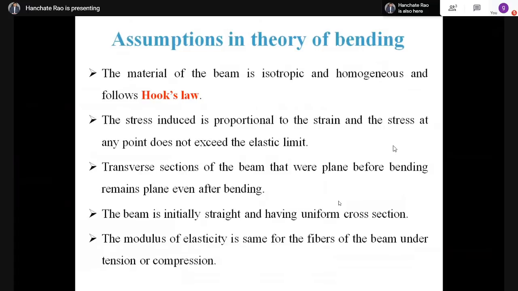What does this assumption mean? The material of the beam is isotropic. Isotropic means the same elastic properties in all directions. A material having exactly the same elastic properties in all directions is called an isotropic material.